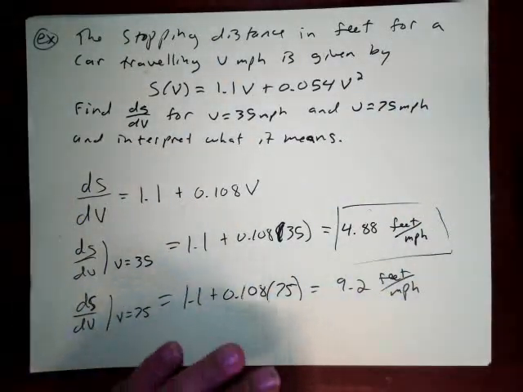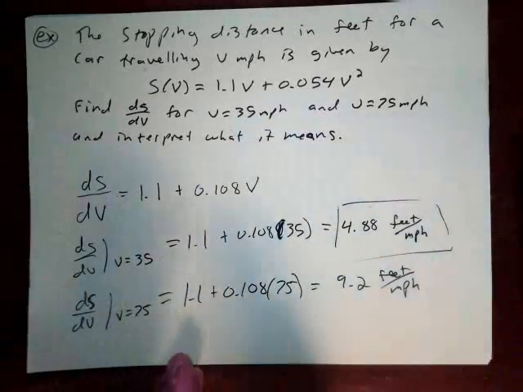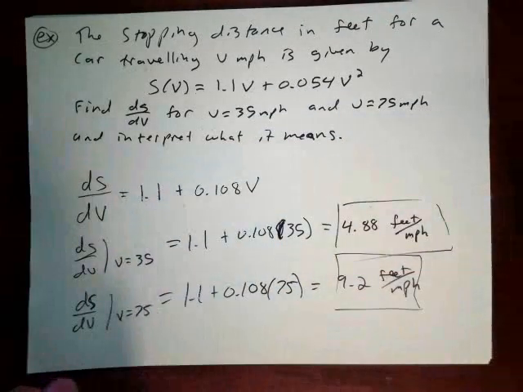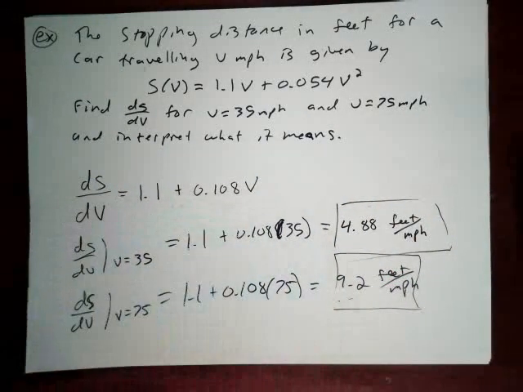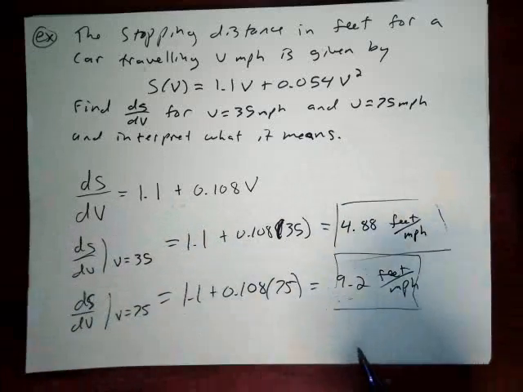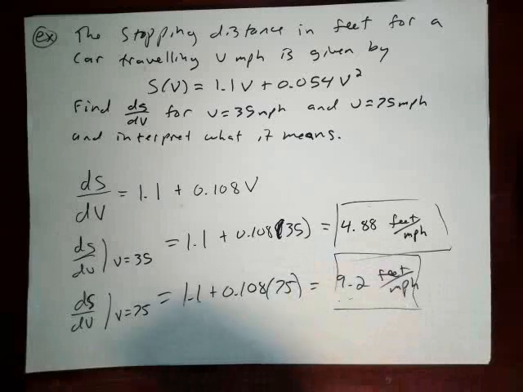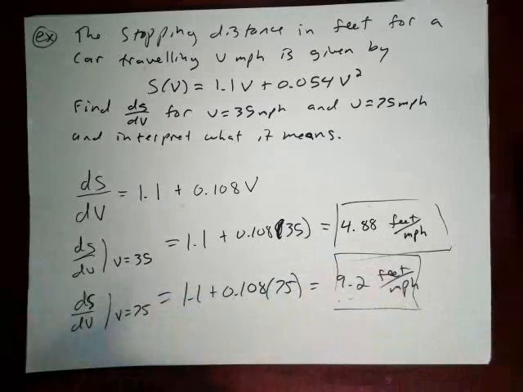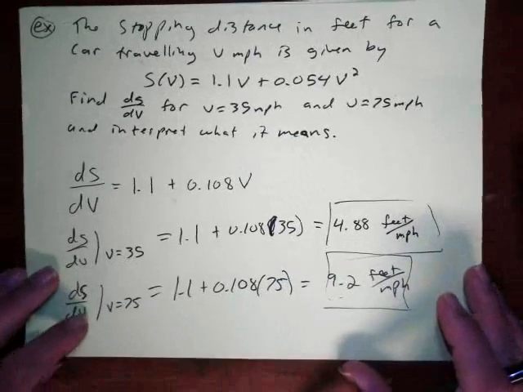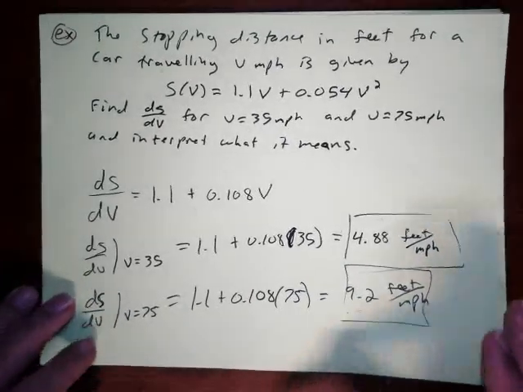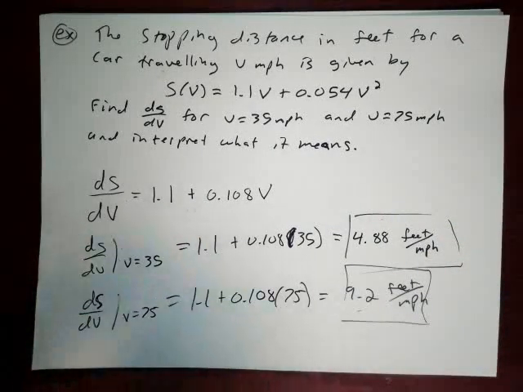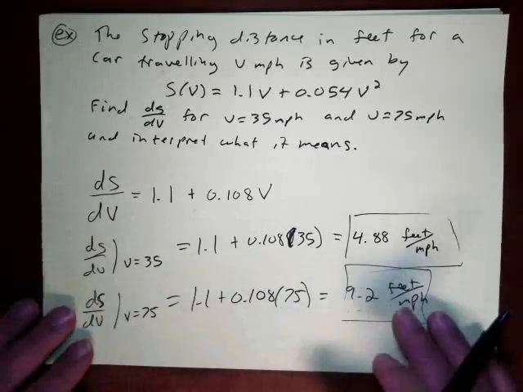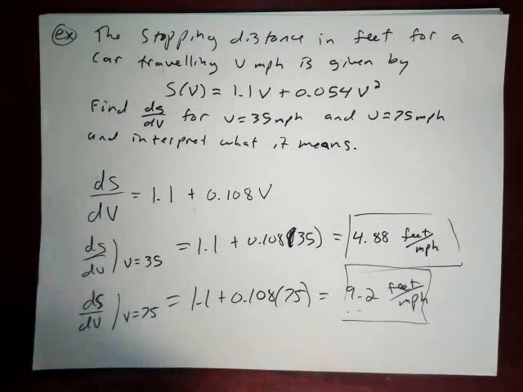So at 75, if you increase to 76 miles per hour, okay, then it looks like your distance is going to change around 10 feet. So around 5 feet for 35 miles per hour, around 10 feet for 75 miles per hour. Okay, so that's the idea of doing these rates of change for something other than a position function. And so your rate of change is not necessarily velocity and acceleration, but has a different sort of meaning depending on the function.